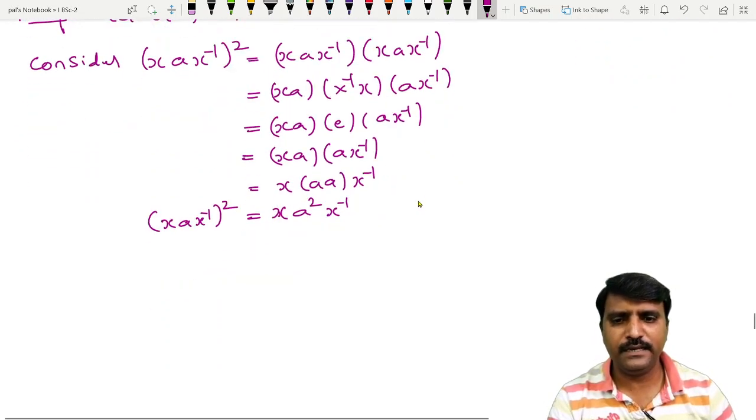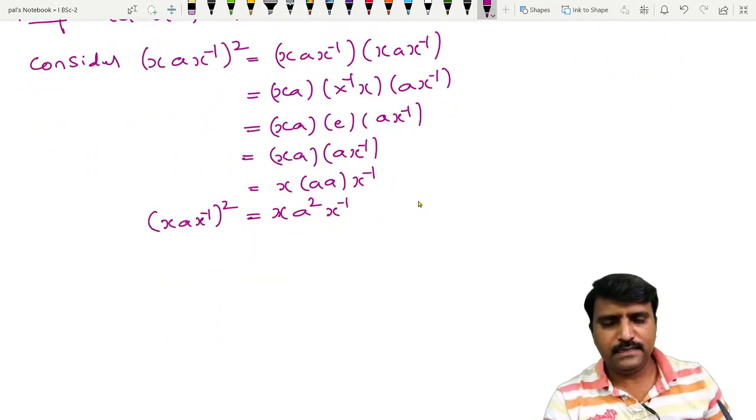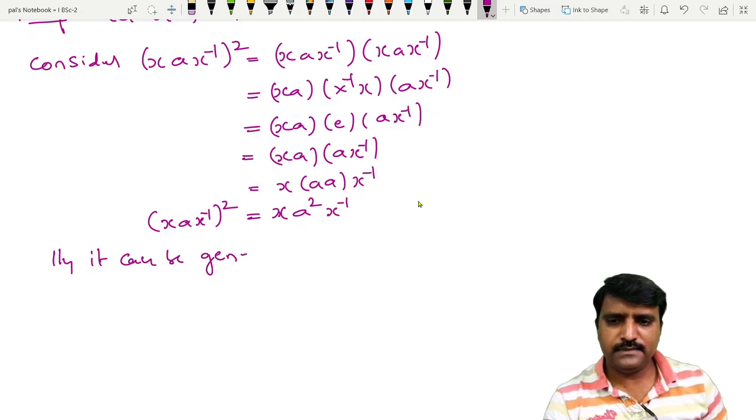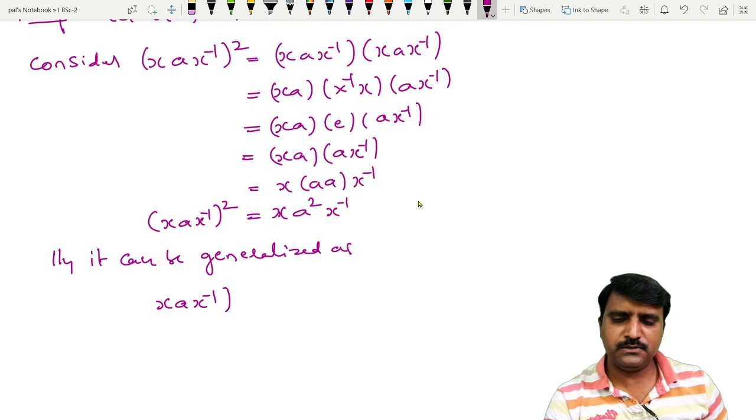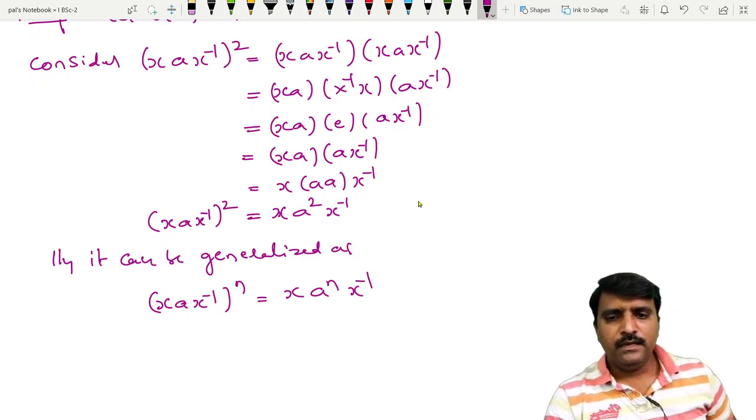So similarly, it can be generalized as x a x inverse to the n is equal to x a to the power of n into x inverse.